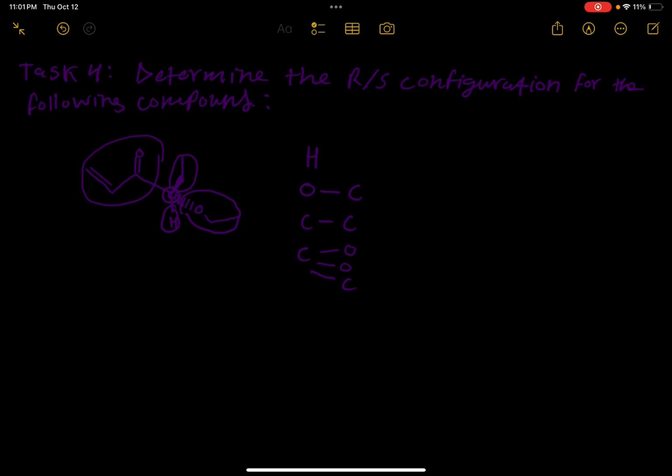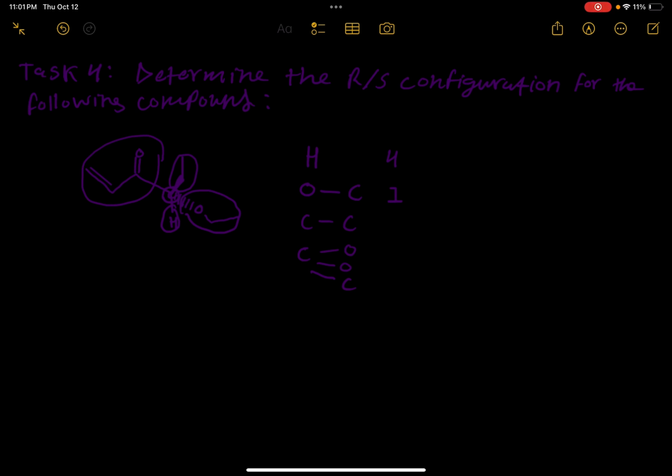So when we rank the highest to lowest priority, number 1 is highest priority. So number 1 would be the O-carbon. That's number 1 because it has a higher molecular weight. And we know H is 4 because it's the least priority.